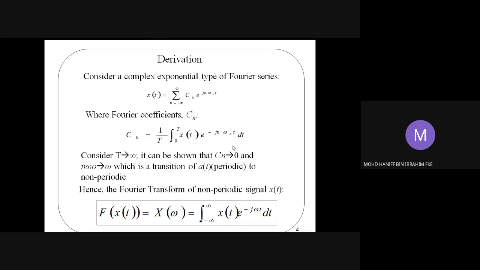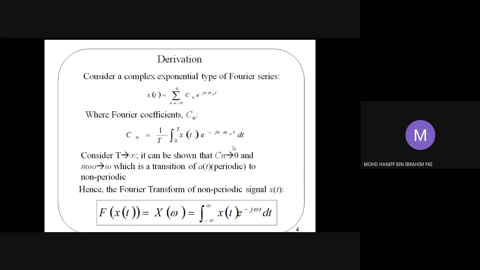Okay, so let's have a look at the derivation, which is based on the mathematical equations developed by Mr. Fourier. I'm not going to teach this in depth because it is too mathematical for us. But if you're interested, you can have a look at this mathematical proof. Basically, Mr. Fourier derived this from the Fourier series.